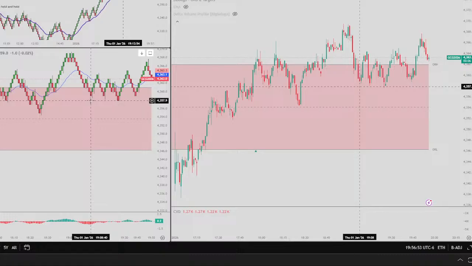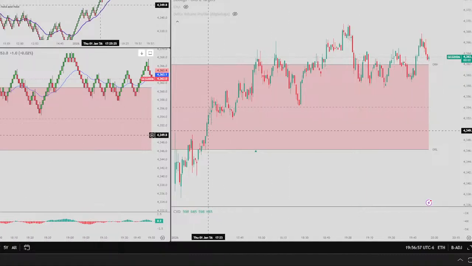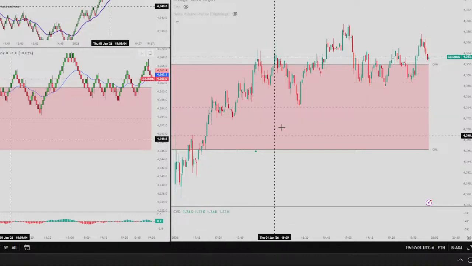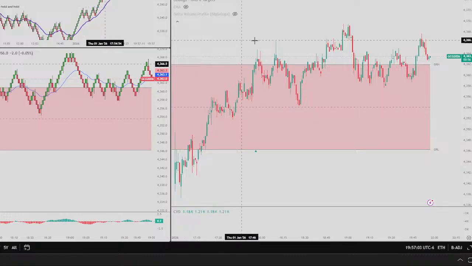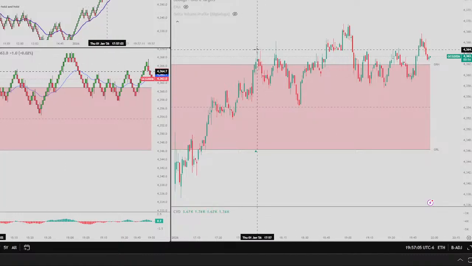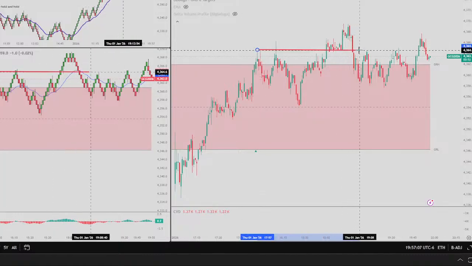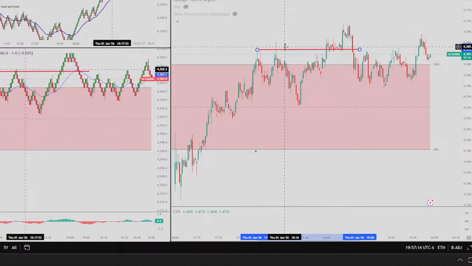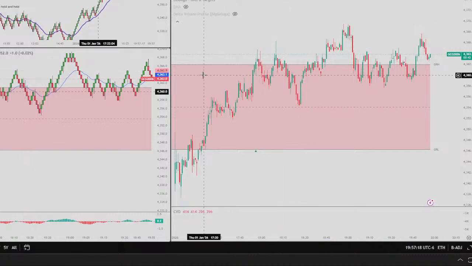It's just what I finally figured out how to do: when I draw something on this chart or that chart, I wanted it to sync globally so I don't have to draw the same line twice. So now it works like that. I guess I could have figured that out earlier.